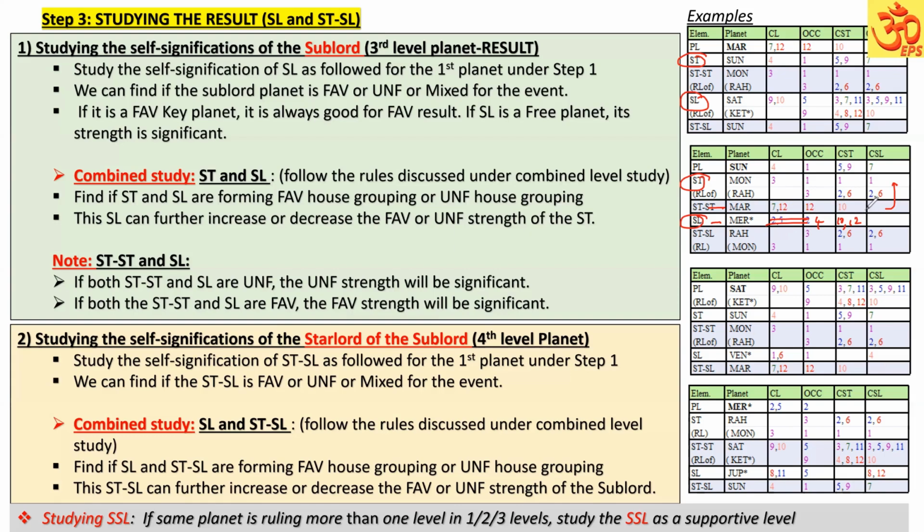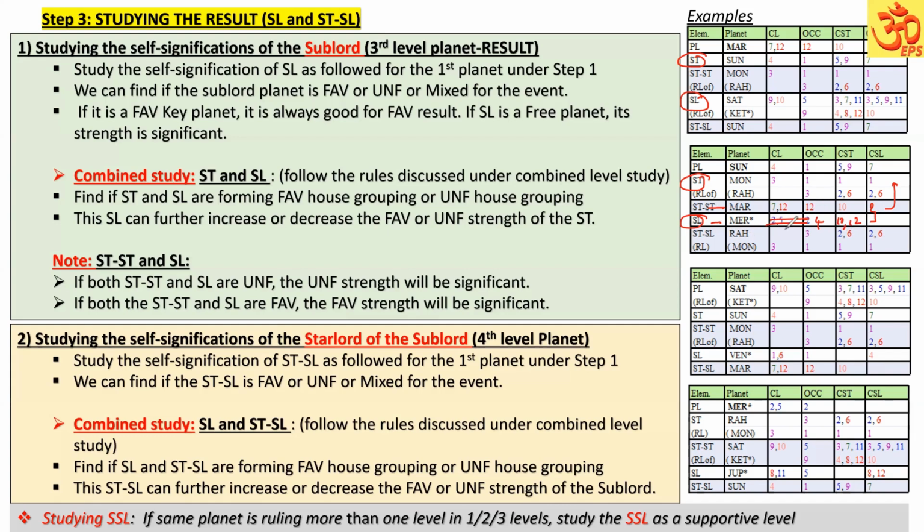So indirectly two consecutive levels are unfavorable. The Star Lord's favorable is reduced by the Star Lord of the Star Lord, and the Sub Lord is also unfavorable. So two levels are unfavorable, and the intensity of the unfavorable strength is going to be more.